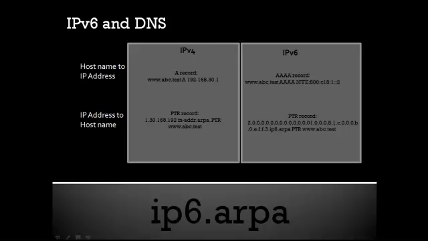Inverse mapping, the IP address to host name, uses the pointer record as usual. The top-level domain for the IPv6 address is ip6.arpa. At the beginning of IPv6 DNS, the top-level domain was ip6.int. The example shows the IPv4 and IPv6 formats of the DNS records.